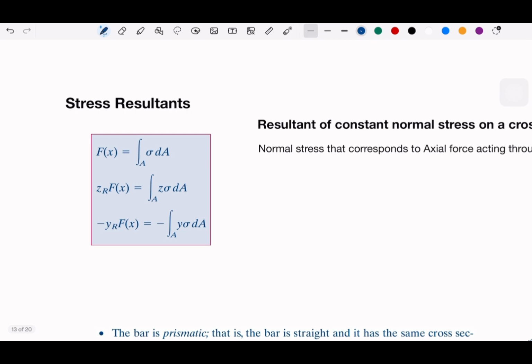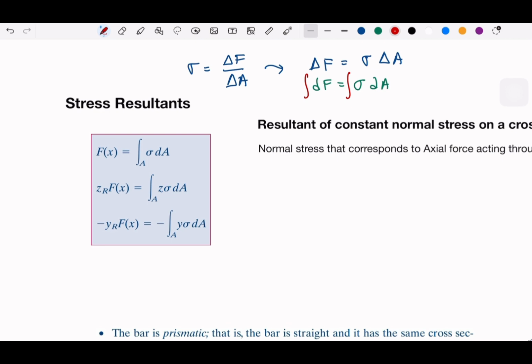So suppose that we have sigma is delta F over delta A, right? And then we could replace all the delta with d. So dF and then dA. And then we integrate all this too.